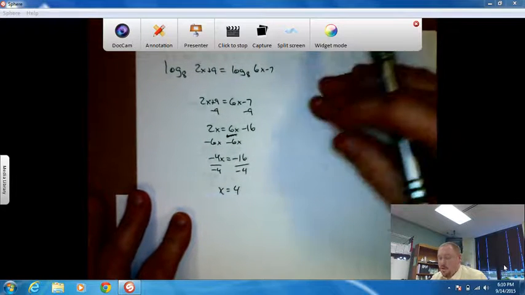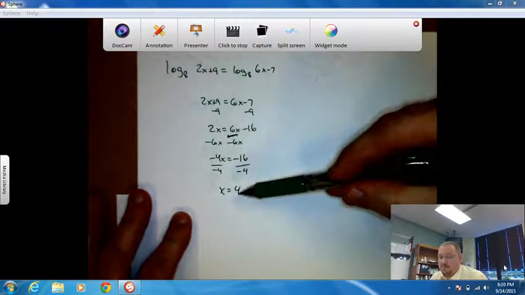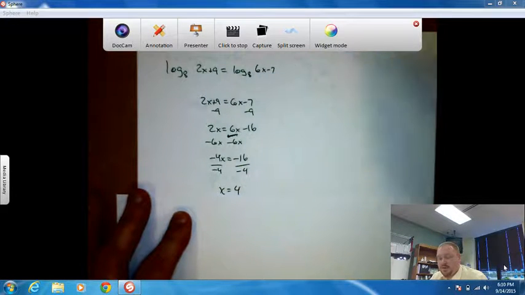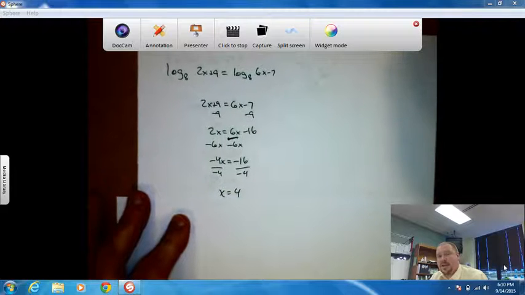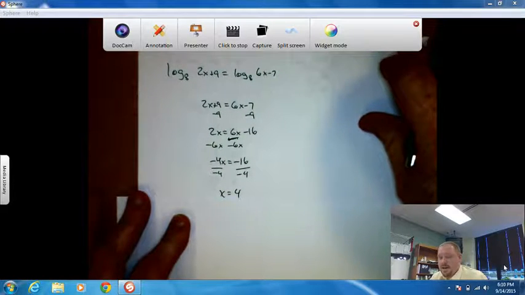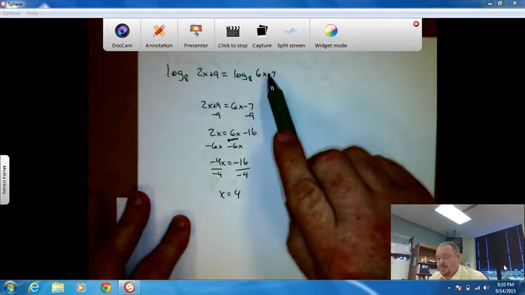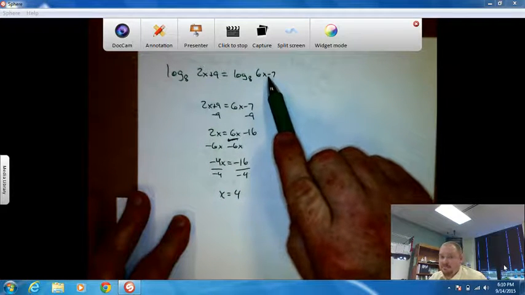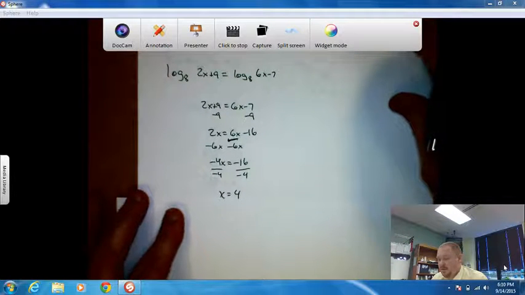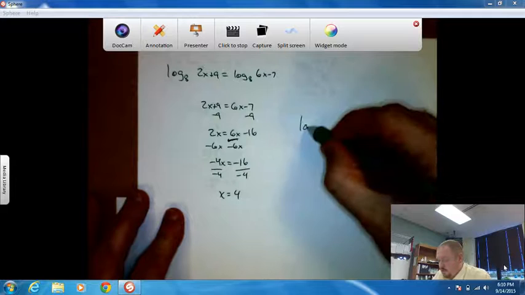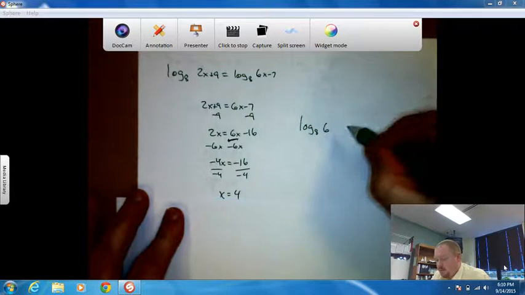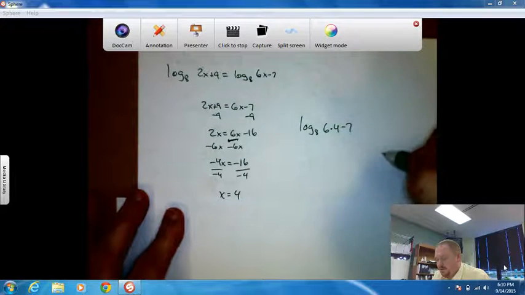Now, when it comes to logarithms, you really should check to make sure that when you plug this number in, you do not get a negative number. You cannot take the log of a negative number. And I warn you only because this expression over here has a minus sign. Whenever you have a minus sign, you should plug it back in to double check. So, 6 times 4 minus 7.